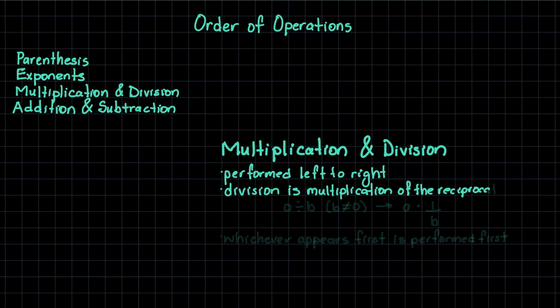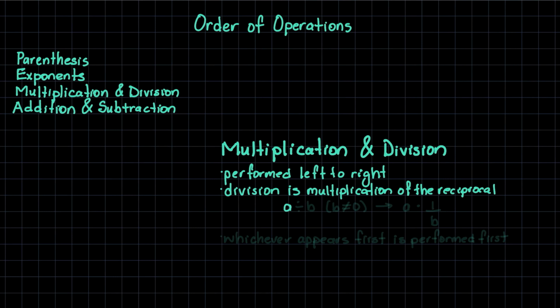So all division problems can essentially be written as multiplication problems. And because of that, how do you differentiate who comes first if I can always rewrite division as multiplication? Because of that, we treat them as one group, multiplication and division.